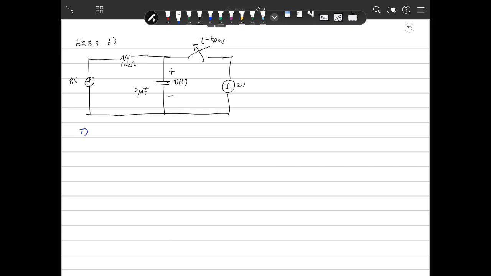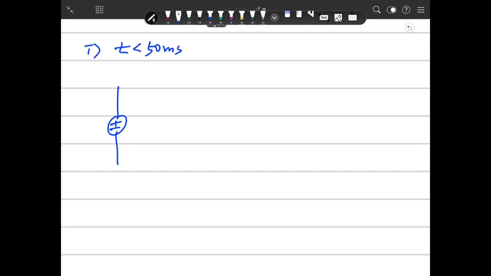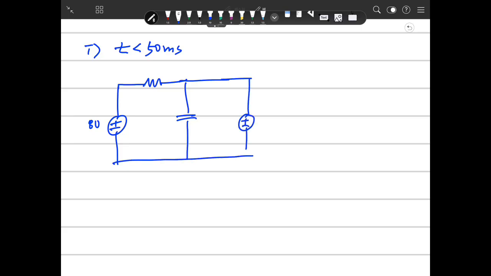So in the case before t is equal to 50 milliseconds, the circuit looks like here. 8 volt. Looks like here. 2 volt. This is VT. This is 10 kilo ohm. This is 2 microfarad.